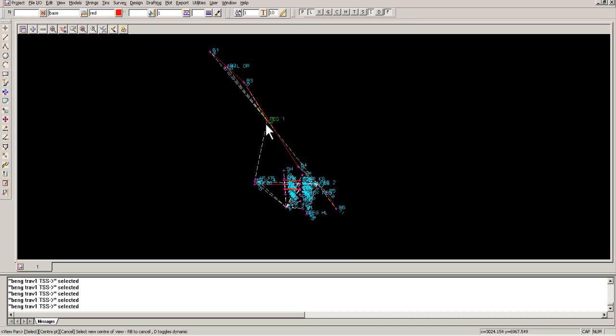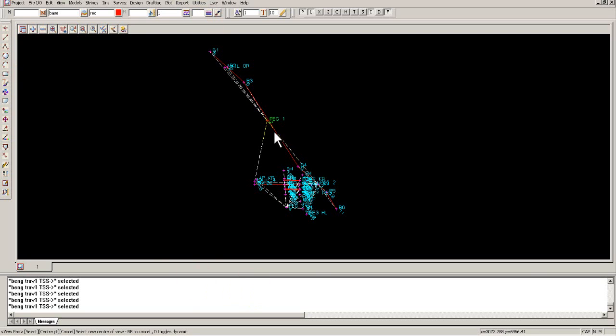Nail OR here is also the origin of coordinates. So we're working on an assumed coordinate origin, assumed origin of heights, and assumed origin of bearings.